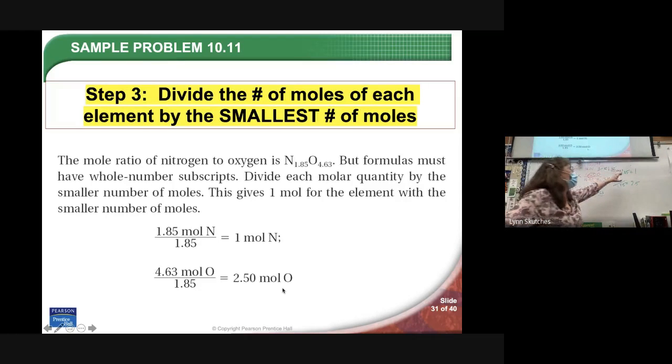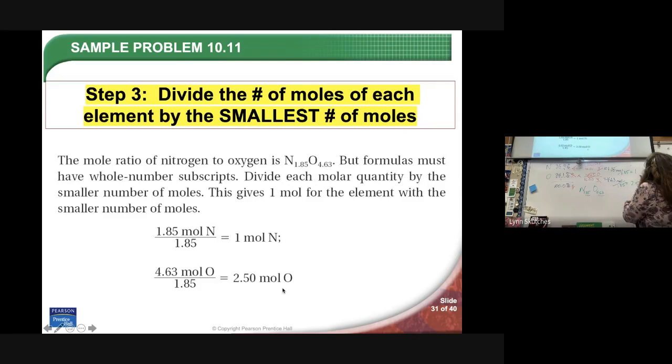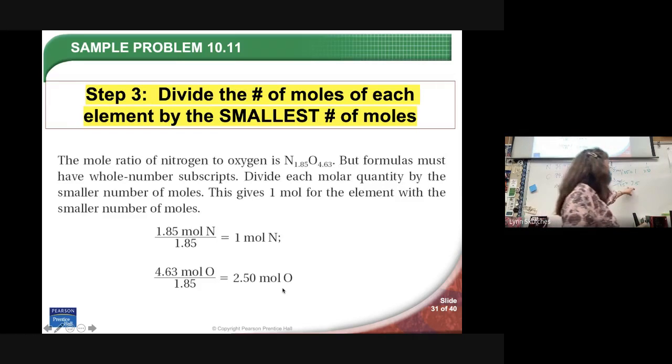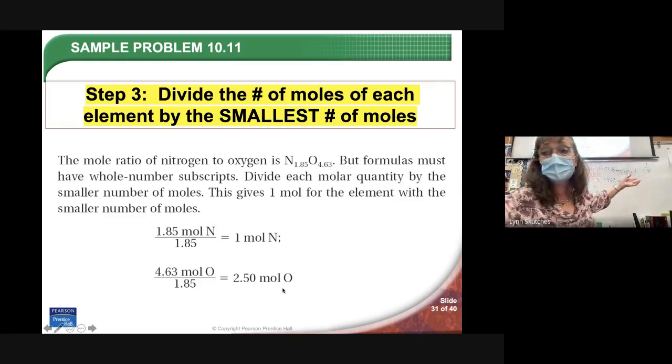So for every 1 nitrogen, there's 2.5 oxygens. Again, I can't have a half an oxygen. I have to have a whole number. So 1 to 2.5, if I want to make 2.5 into a whole number, what's the easiest way? Anybody?